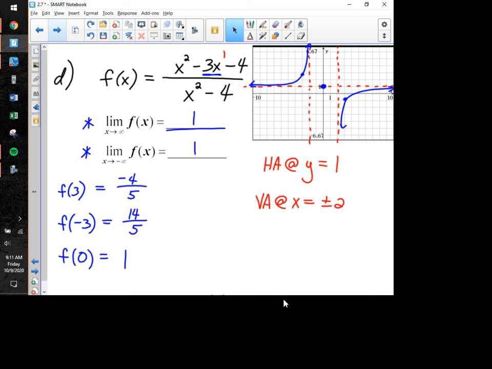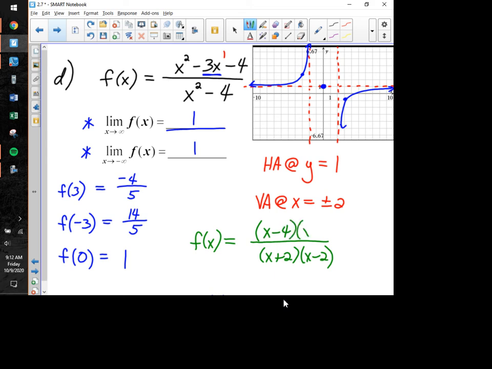The other thing I wanted to do real quick, other than just plugging in points, let's talk about this real quick, guys. The original function, f of x, I believe I gave you quadratic expressions on both the top and the bottom that can both be factored. Obviously, we had an x plus 2 and an x minus 2 on the bottom, but on the top, that's going to get us an x minus 4 and an x plus 1, if I'm not mistaken. I believe that's correct.